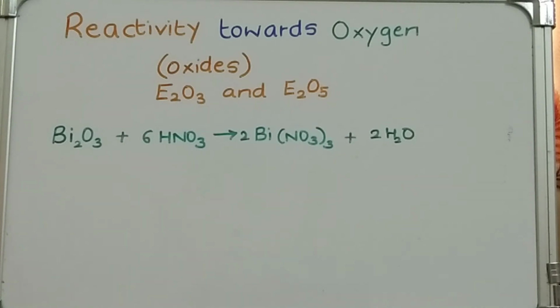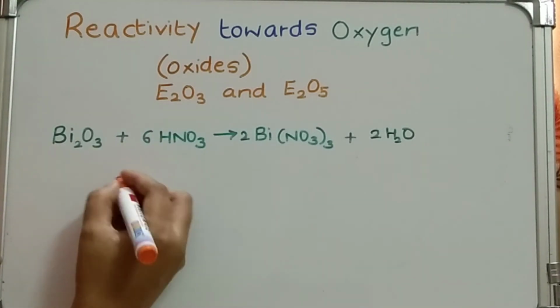Now the acidic nature of oxides, as I told you, depends not only on whether the element is a metal or non-metal. It also depends on electronegativity.